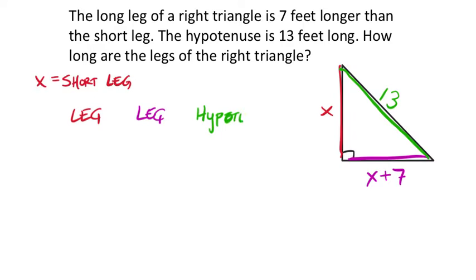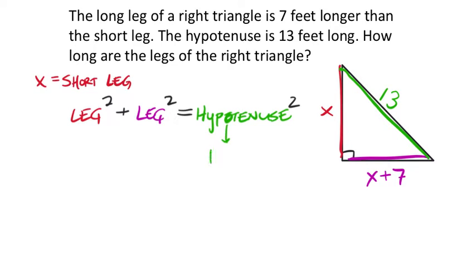So we got two legs and a hypotenuse because it's a triangle. If you were to square the legs and then add them together, you'd get the same thing as the hypotenuse squared. And when we say squaring, we're literally talking about if you were to make squares out of those side lengths, the area of the two legs as squares would be the same area as the hypotenuse as a square.